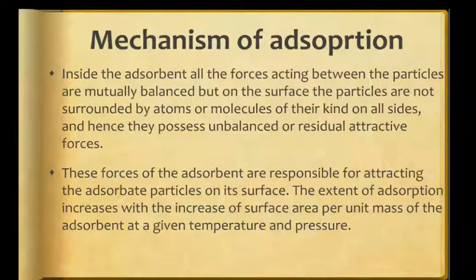So when a solid substance is broken into two or more pieces, new surfaces get formed. As a result, the number of unbalanced forces becomes more. The more the number of unbalanced forces, the more will be the number of active centers or free valencies which can attract the adsorbate molecule.